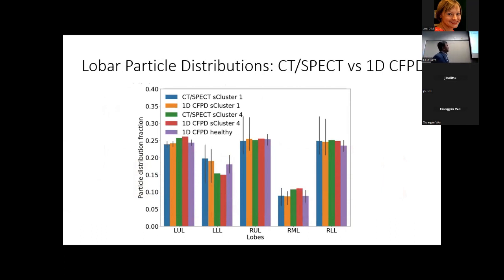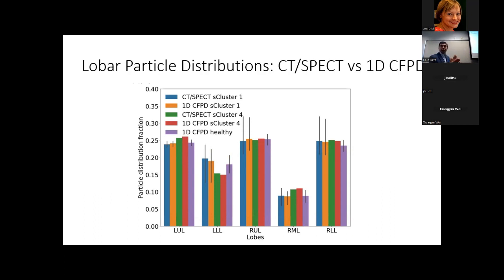And then here we compare the local particle distributions between simple cluster 1 and simple cluster 4. Again, simple means we use the simple cluster decision tree to classify these subjects, as opposed to using PFTs. Okay. And you can see the local distributions are quite different between cluster 1 and cluster 4. And there's so much information here. For instance, you look at the first two columns, blue and orange. They are both cluster 1s, but one is from CT SPECT, the other from CFPD.